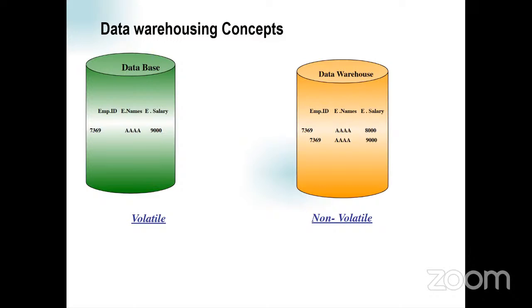Normally these retail outlets keep the data for 15 days or 20 days or 1 month. For example, I went to a retail outlet like a textile shop, and I bought a shirt that did not fit me properly, so I need to exchange it.